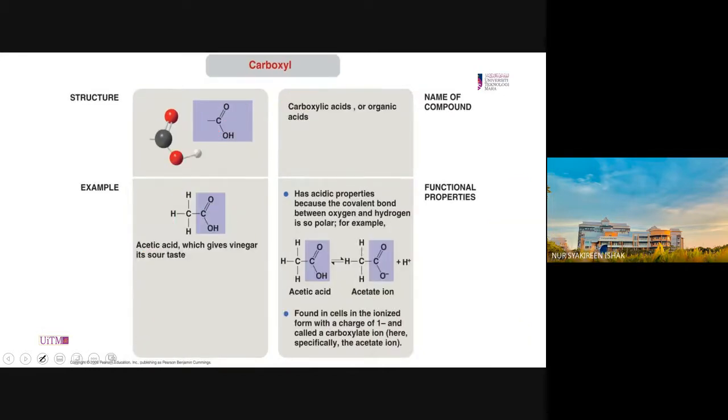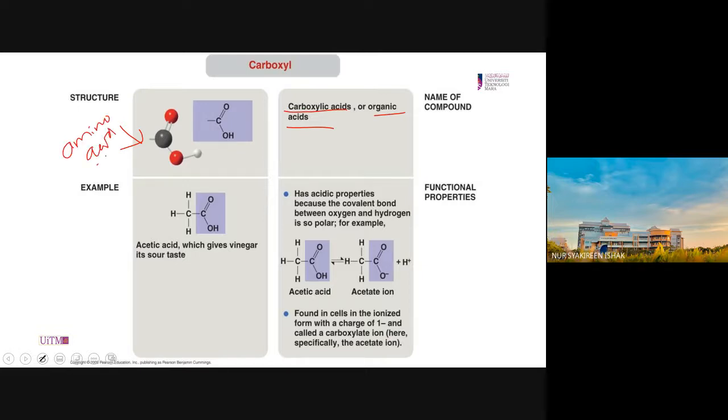Okay, next is carboxyl. So carboxyl is C double bond O OH. The name of the compound can be carboxylic acid or organic acid. One of the molecules that contains a carboxyl group is amino acid.